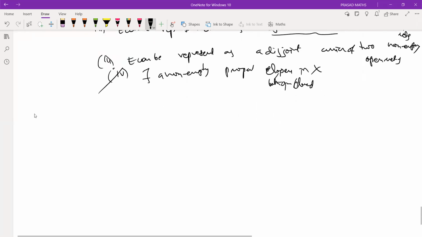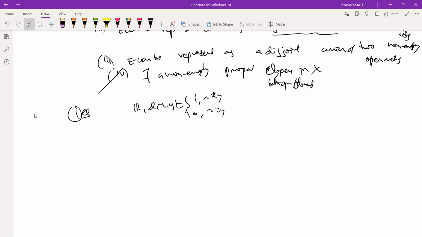An example: suppose you take R with respect to the discrete metric. You know R is an uncountable set. Once R is uncountable, we can pick an element, and this is my singleton {x}.